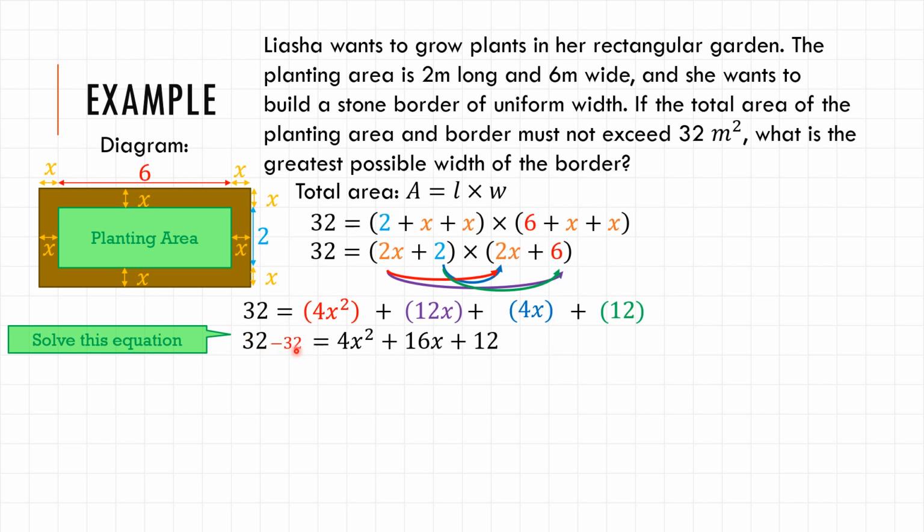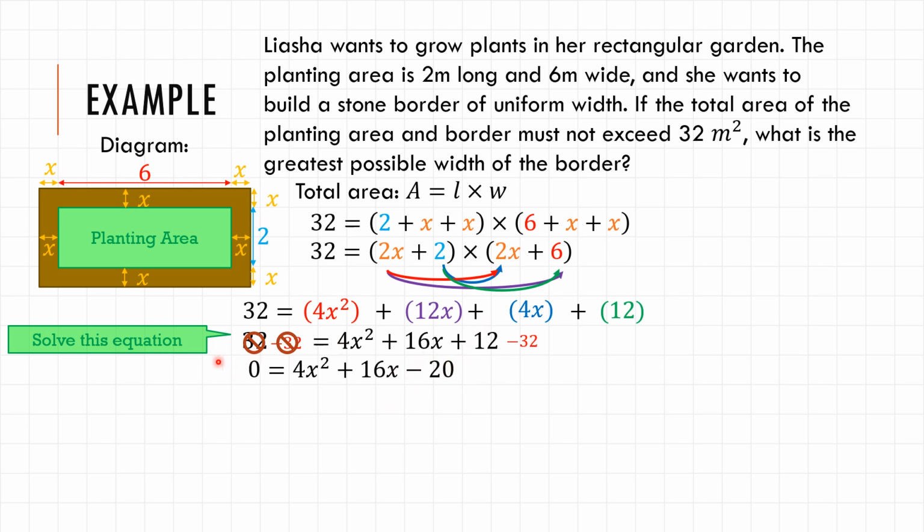That will cancel it out here, and I'll be left with nothing on this side. But I can't just subtract one side. Whatever I do to one side, I have to do to the other. So I'll subtract 32 on this side as well. And what I end up with is 0, like I planned, equals 4x squared plus 16x. 12 minus 32 is negative 20.